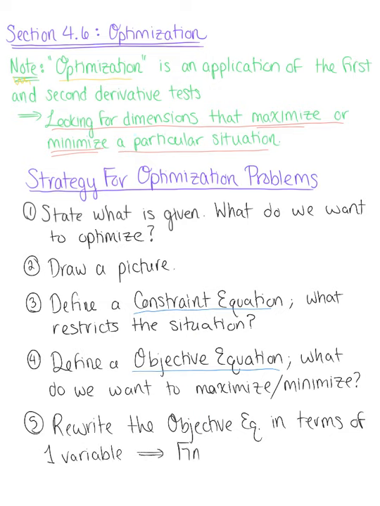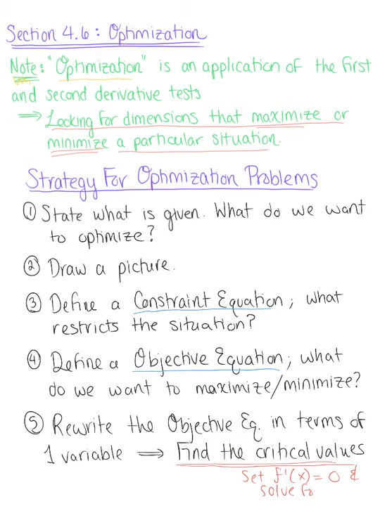And then find the critical values. And we recall from our curve sketching section that when it comes to finding the critical values, we set the first derivative of our function equal to 0 and solve for x. So we're now ready to start looking at some examples.